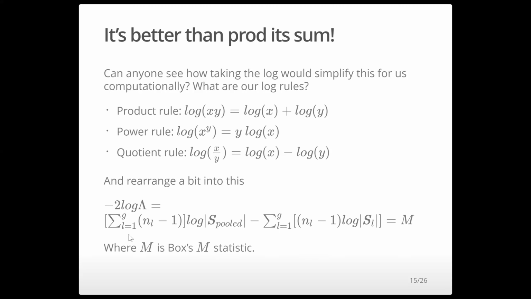So now we have the sum of each group sample size minus 1 times the log of the determinant of the pooled covariance matrix, minus the sum of each group sample size minus 1 times the log of that group's covariance matrix determinant. And that's our M statistic. This is the same thing as saying -2 log of lambda, which we saw before. So this is really just a straight transformation of lambda into M. And this is called Box's M statistic.